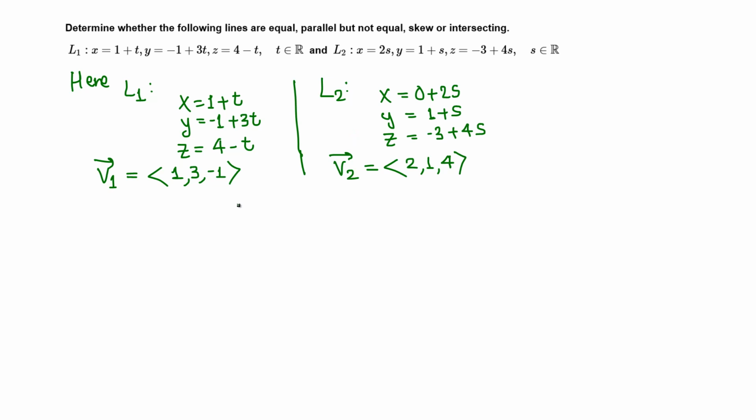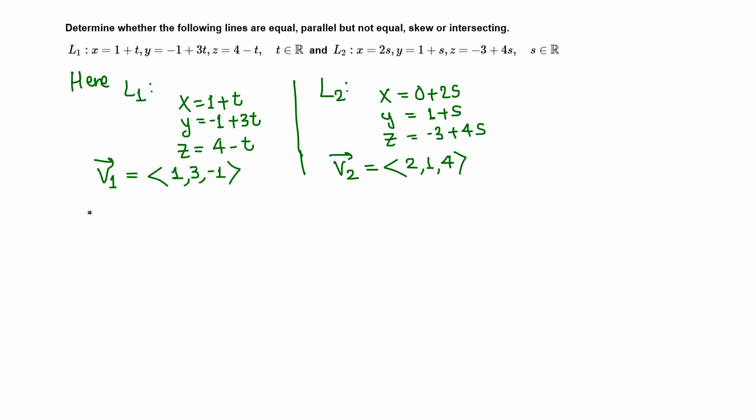Now we check if they intersect. If these two lines intersect, we will be able to find a point of intersection. If they do not intersect, since they are not parallel, they will be skew lines.